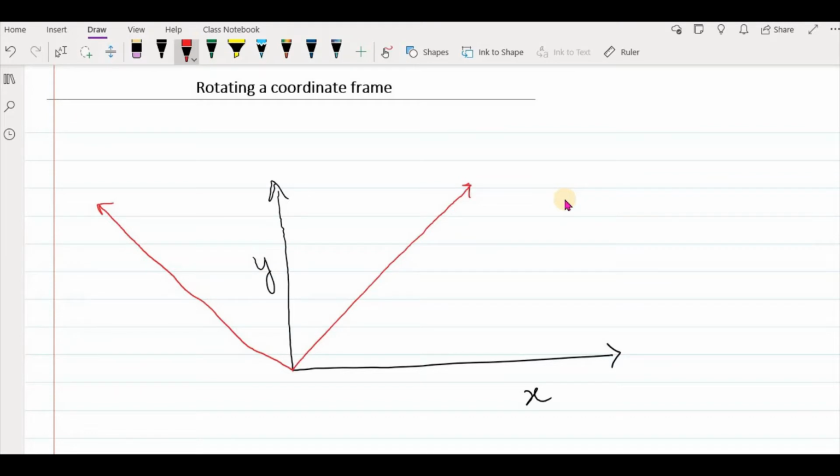Now this coordinate frame is rotated by 45 degrees, or you can say an angle theta. This is the new x coordinate, which we call x bar, x dash, y dash. This one is the new rotated frame.